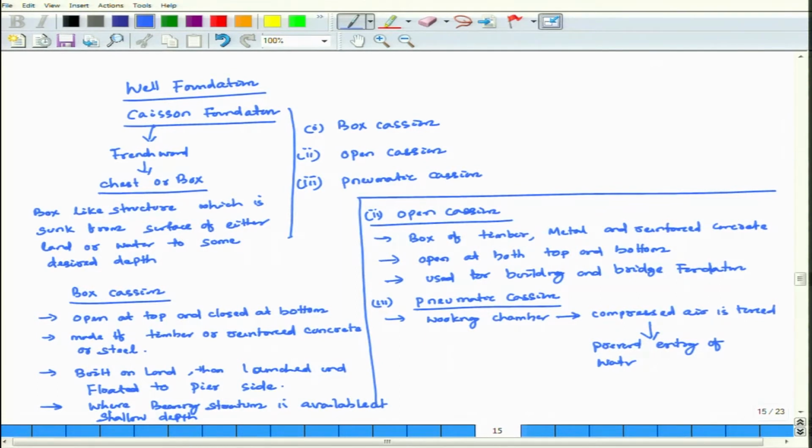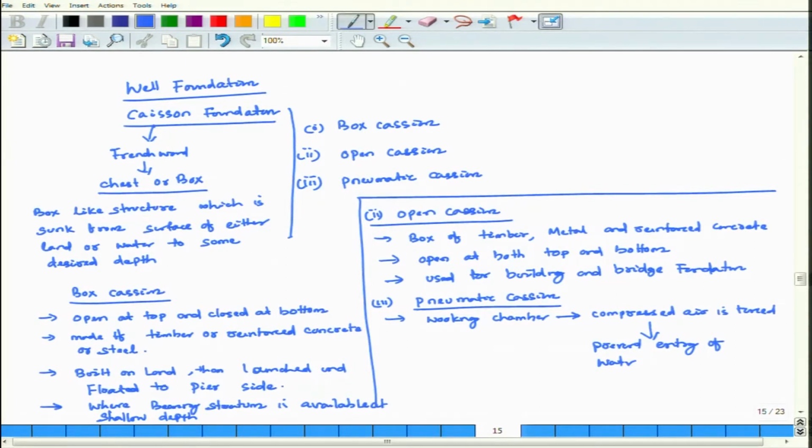In box caisson, open at top and closed at bottom, made of timber or reinforced concrete or steel, built on land, then launched, floated to pier side, means built somewhere else on land, then launched to the actual site, and it is suitable where bearing stratum is available at shallow depth.